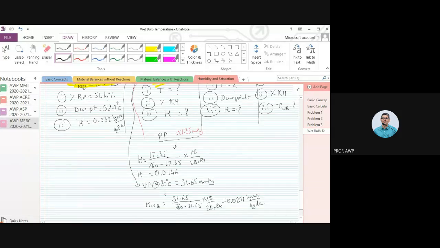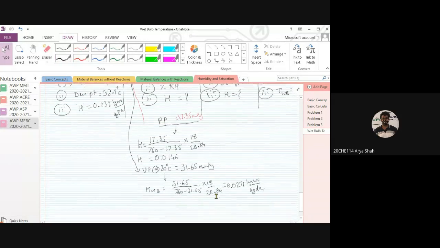Okay, next, what did you do? Then we use the equation. Using these two, we know that humidity at the wet bulb temperature minus the humidity equals (Cp of dry air plus H times Cp of water vapor) divided by lambda, times (T minus T wet bulb).